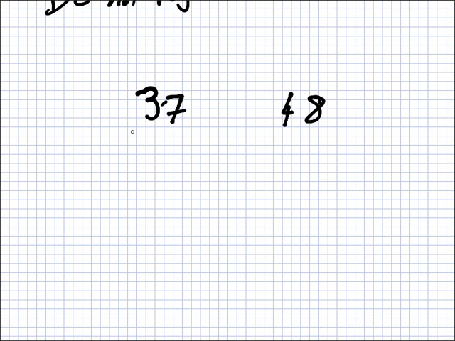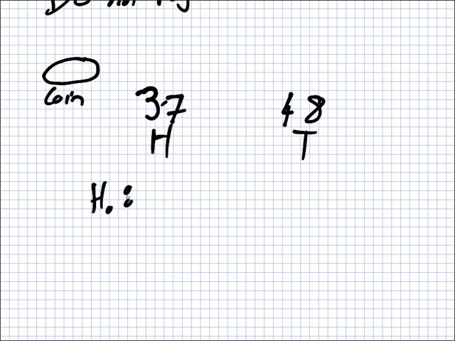You could imagine this as being like a coin question now, where you flip a coin and you say, I got heads 37 times and I got tails 48 times. And the null hypothesis is that it's fair. And the alternative would be unfair, so this would be two-tailed.